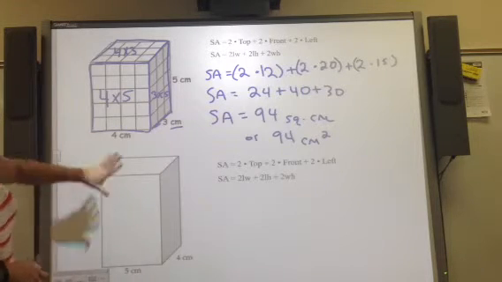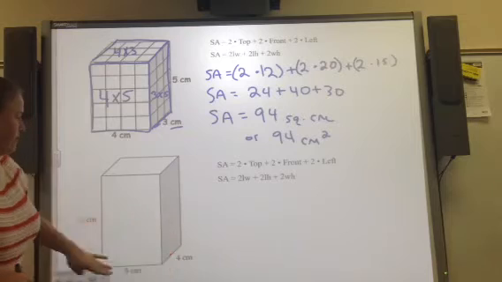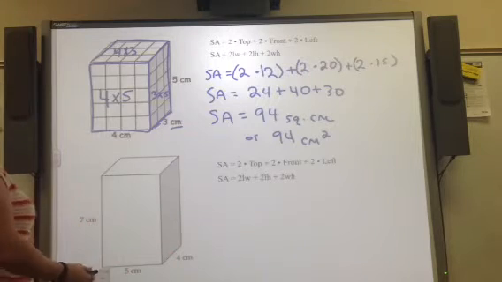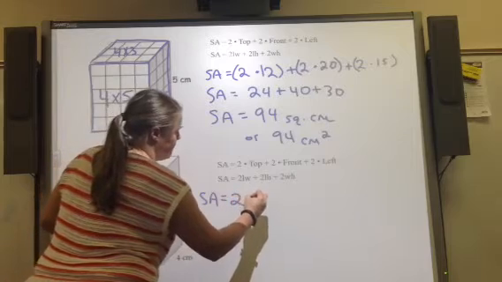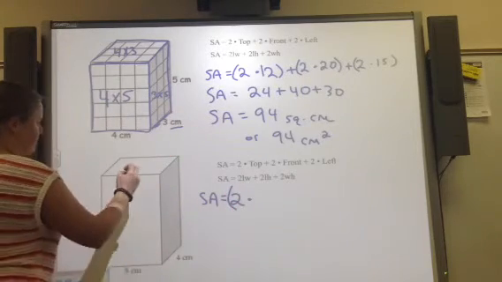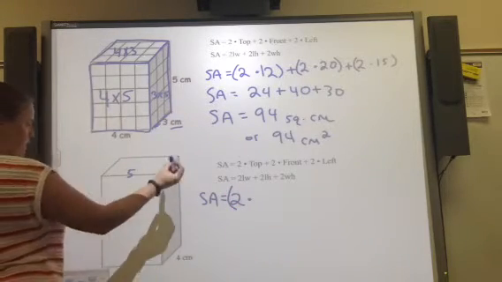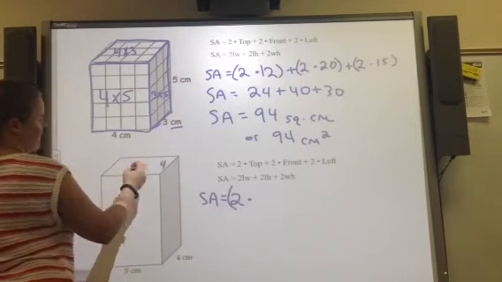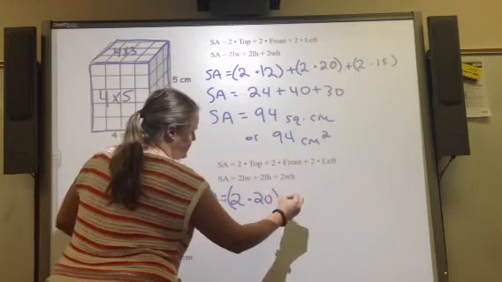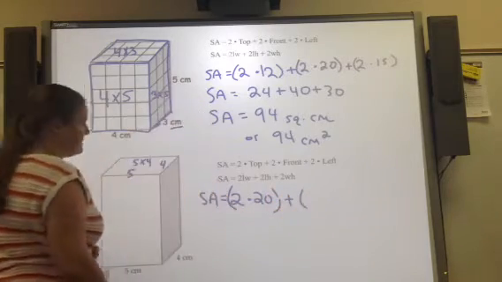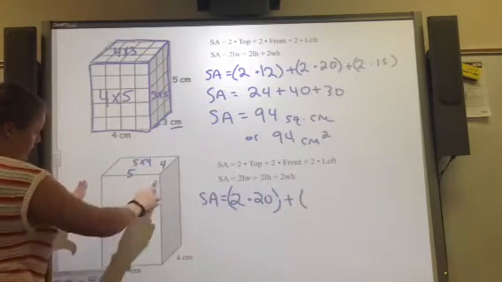For our second example, we don't have the individual cubes, but we have the dimensions to help us. So our surface area is 2 times the top. Our top dimensions are 5 by 4, so that one's going to be 20. Our next dimension is the front, which is right here.